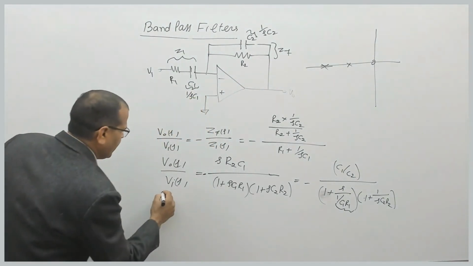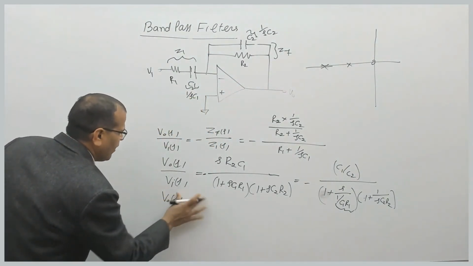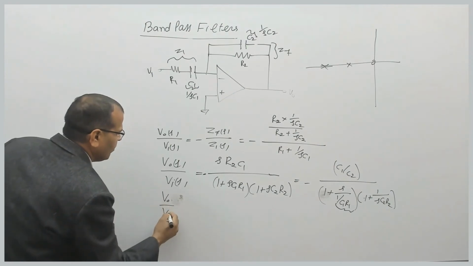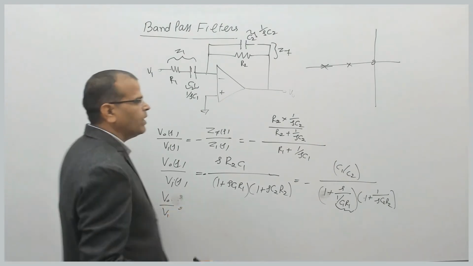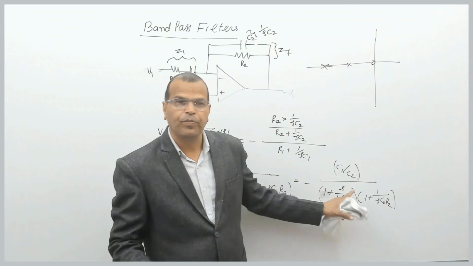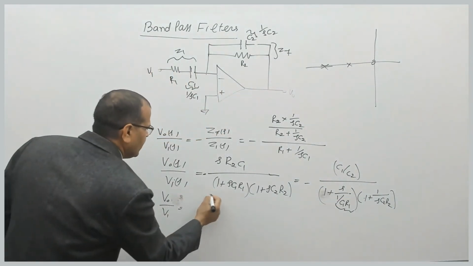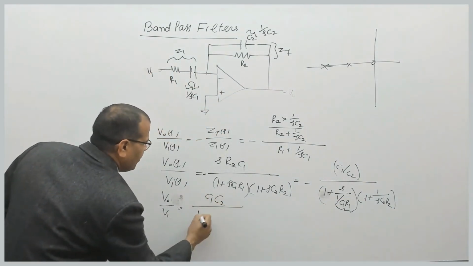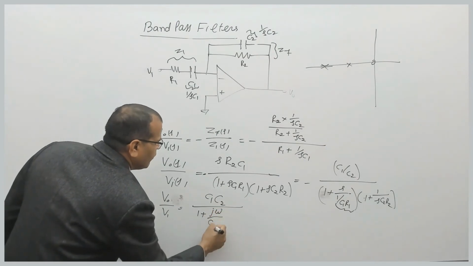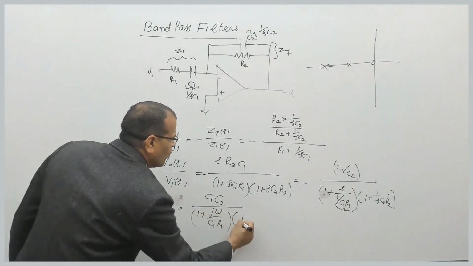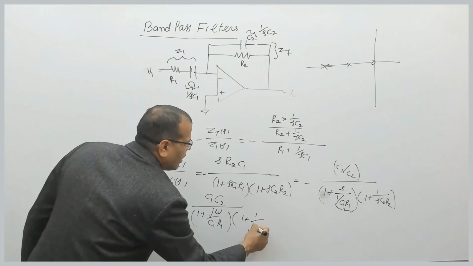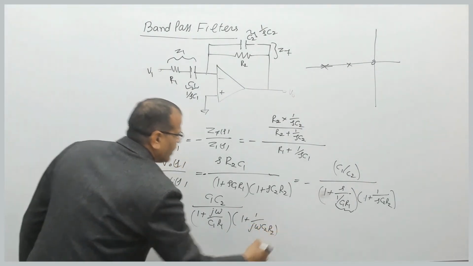It can be written in frequency domain as well. It will be like this. For frequency domain, simply replace S by j omega, right? So C1 by C2, 1 plus j omega by C1R1 into 1 plus 1 by j omega C2R2, like that, right?